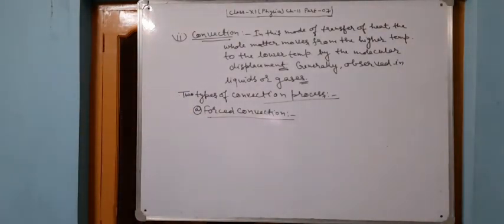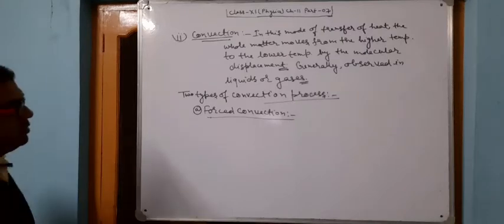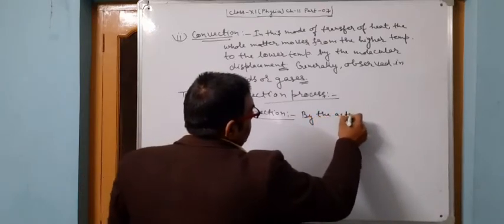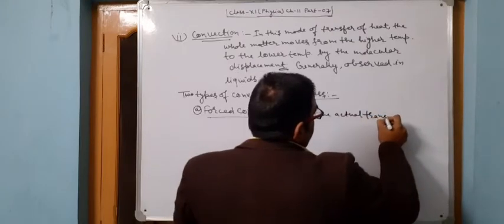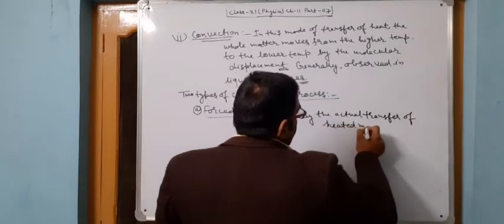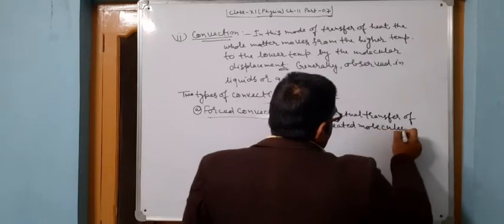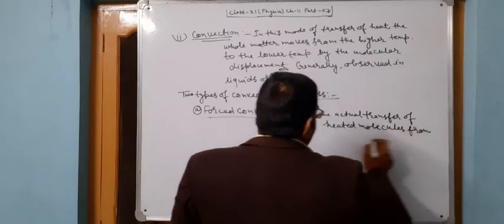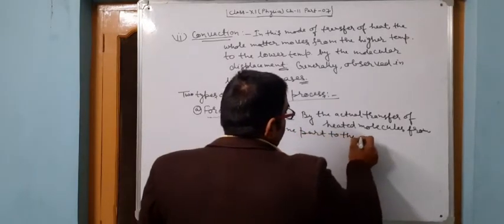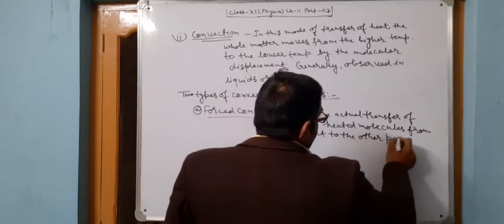So the convection is the process in which heat is transferred from one place to other place by actual transfer of heated material or molecules, by the actual transfer of heated molecules from one part to the other part.